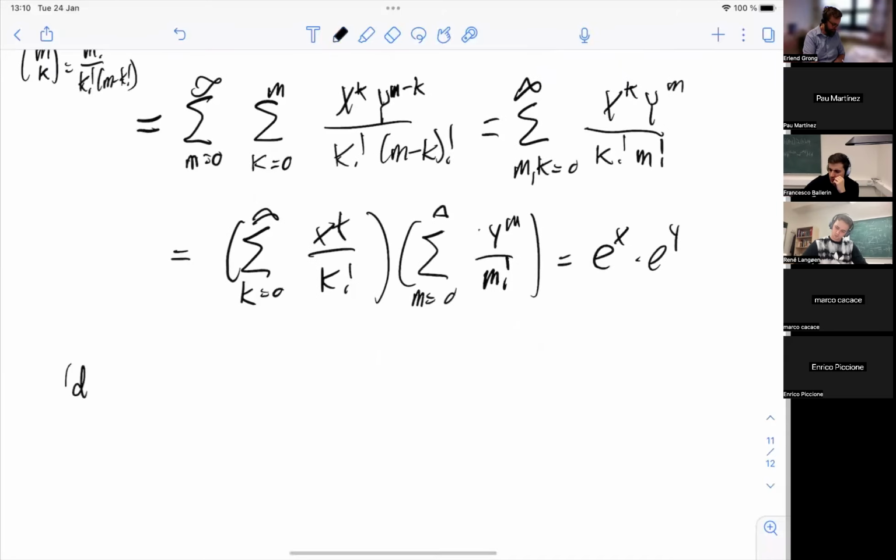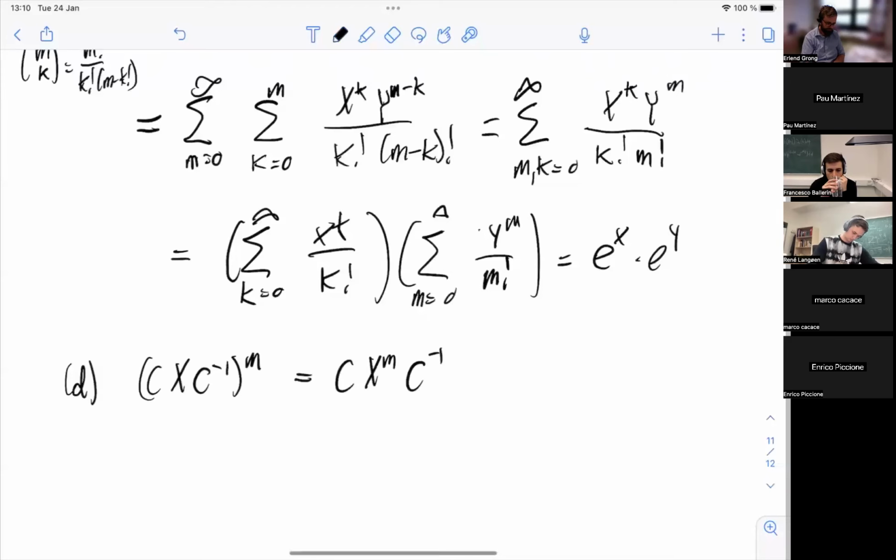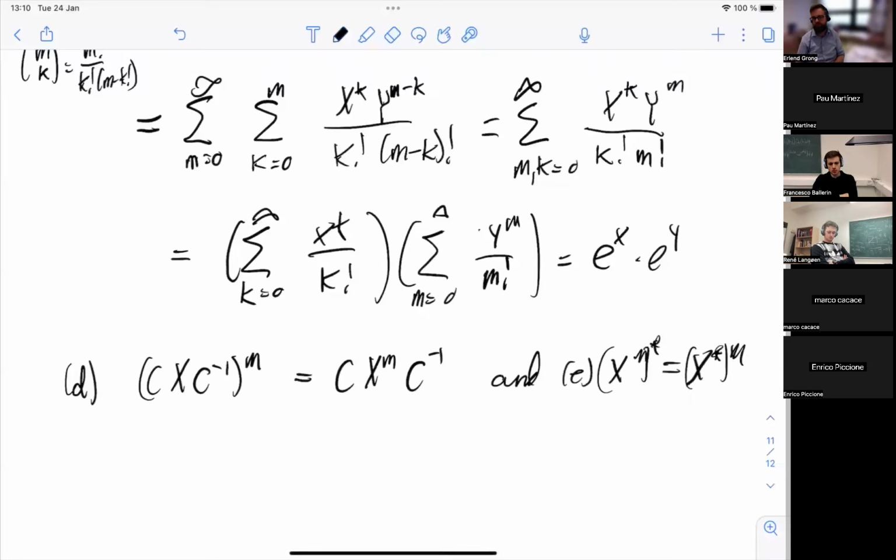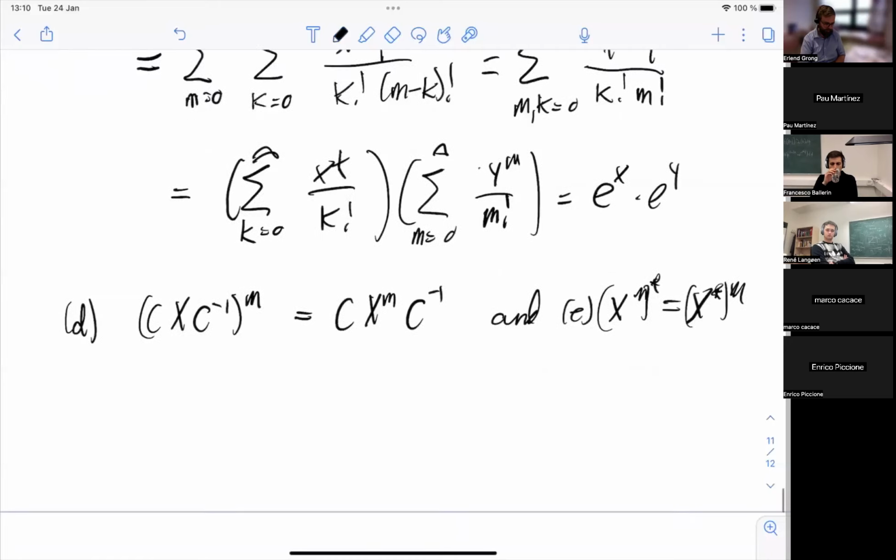Then we have D, which follows from the fact that if you take C inverse and do it m times, then it's equal to x C inverse. And E is from the fact that if you take the conjugate transpose of something to the power m, that's the same as doing it first. So you can do this term by term, and this gives you the desired result.